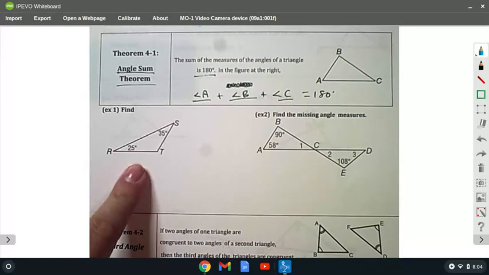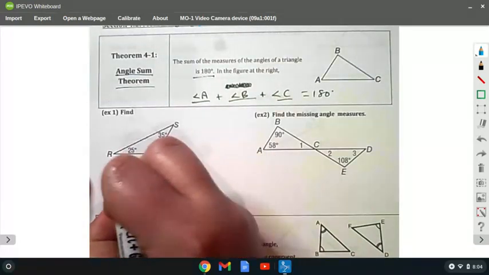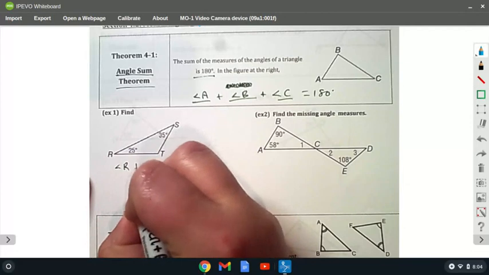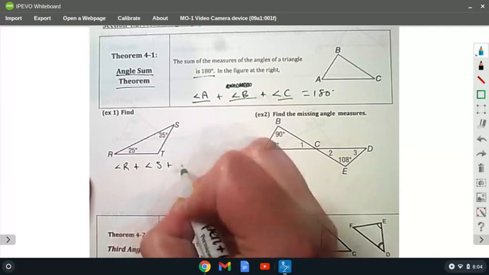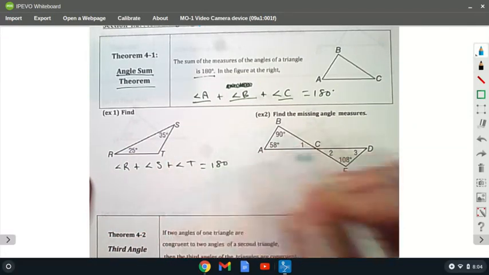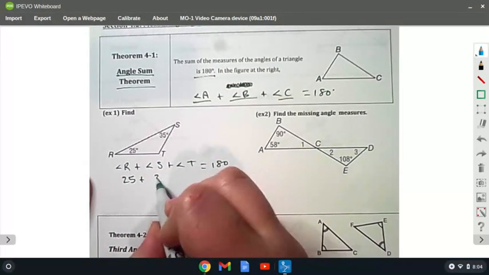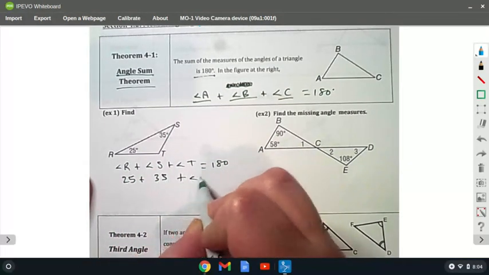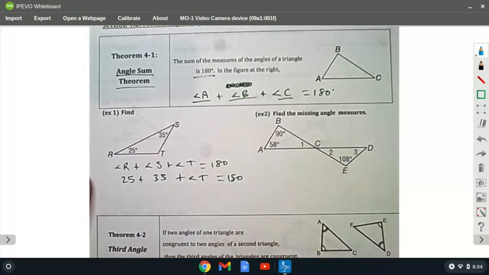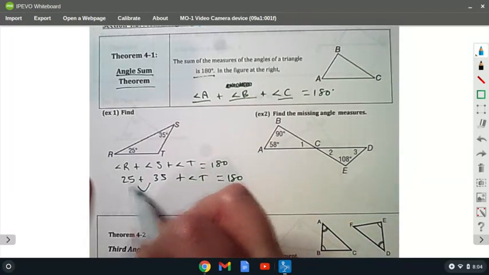So if we look at problems like this, we should know that angle R plus angle S plus angle T should add to be 180. Angle R is 25, angle S is 35. We don't know angle T, but it should equal 180. So we add those together.